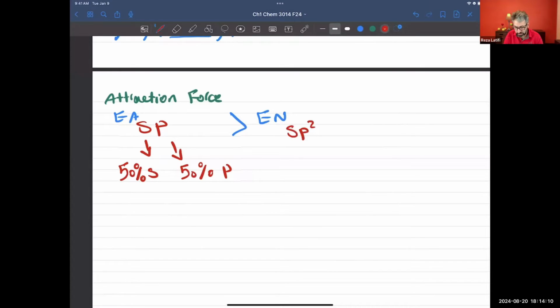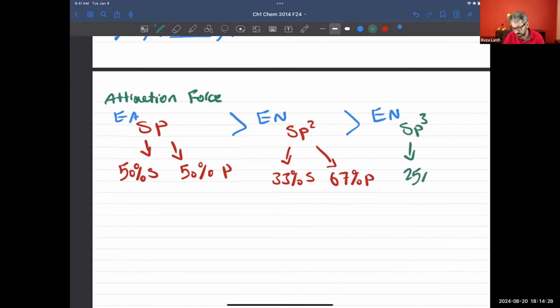Why sp2? Because this is going to be 33% s and 67% p character, and the electronegativity will be higher than sp3, which is going to be 25% s and 75% p.